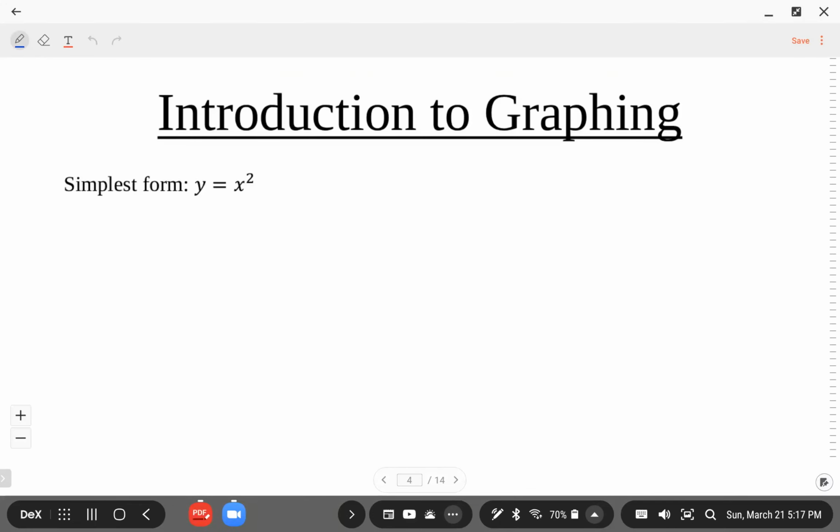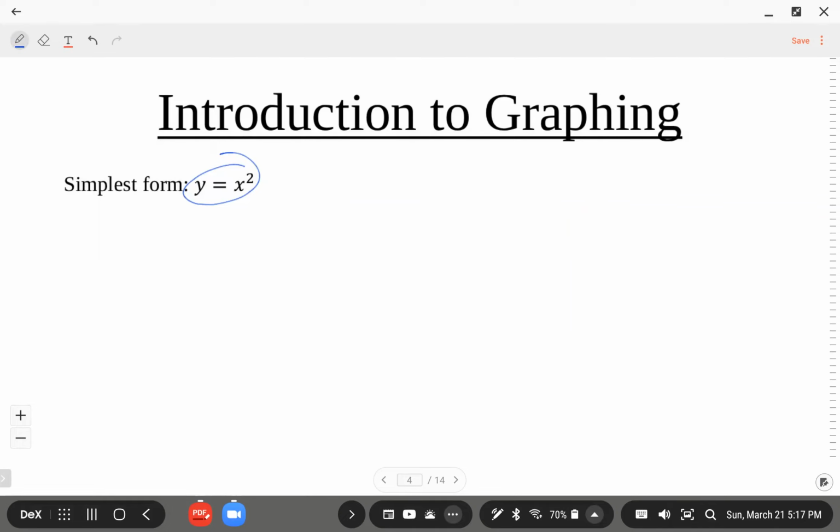Introduction to graphing. So our simplest form is just going to be y equals x squared, because what is our simplest quadratic that we can have? It's going to be something squared. It could be y squared or x squared, any variable squared. But when we're graphing, we're going to focus on y and x.